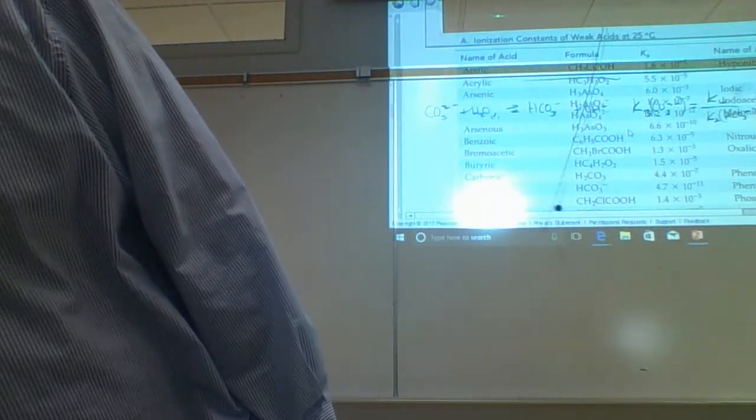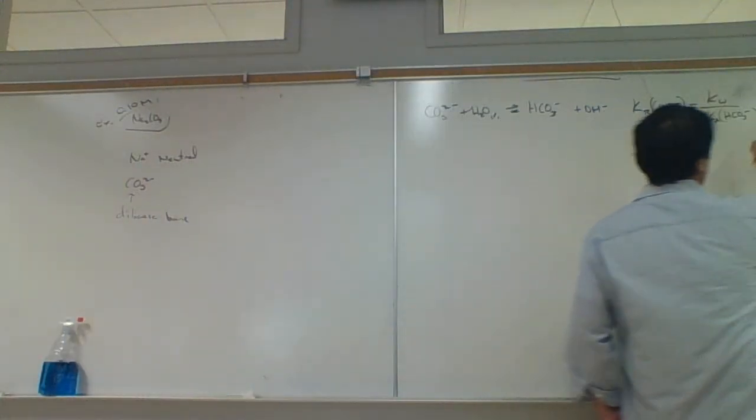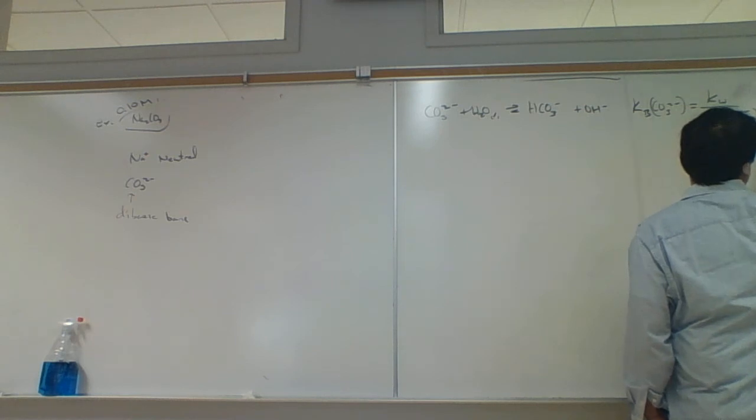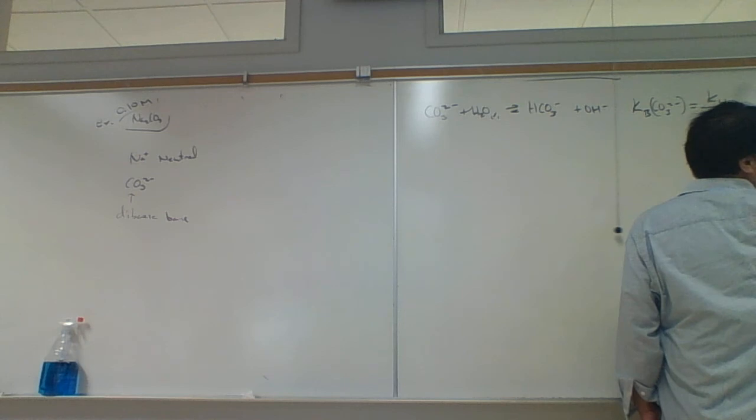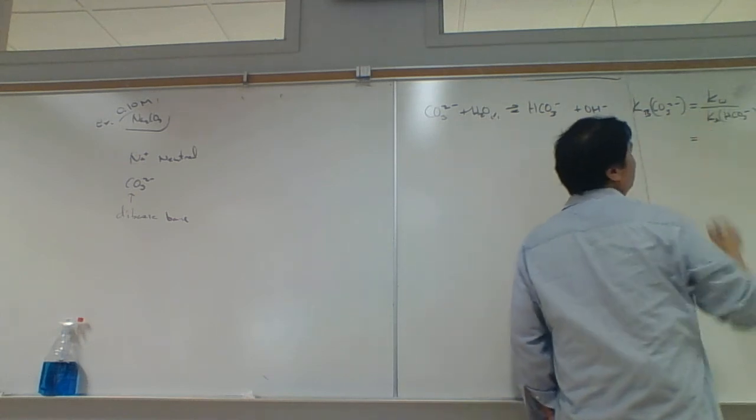Let's continue with our calculation here. And so the Kb is Kw, 1.0 times 10 to the minus 14, divided by Ka for bicarbonate, 4.7 times 10 to the minus 11, gives us a Kb value of what?